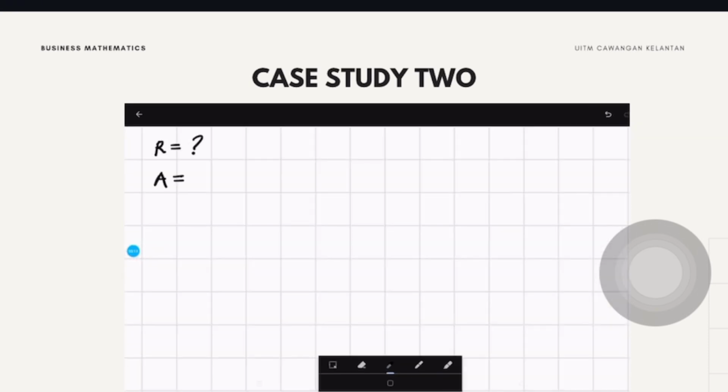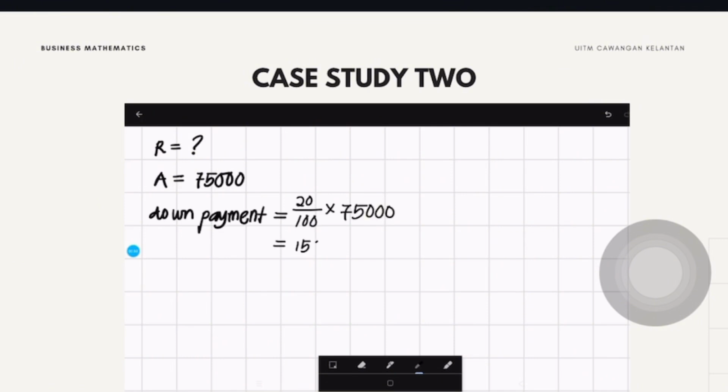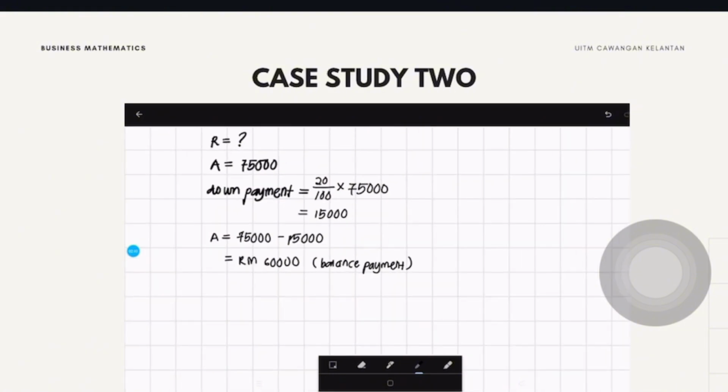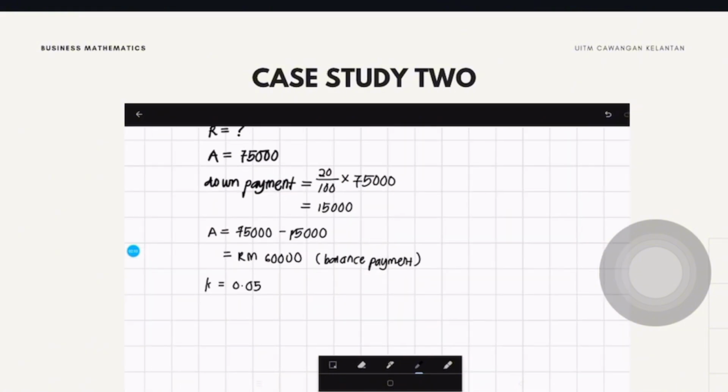We need to find R. A is 75,000. Down payment is 20 over 100 multiplied by 75,000 equals 15,000. Then A equals 75,000 minus 15,000, and the balance payment is Rm 60,000.